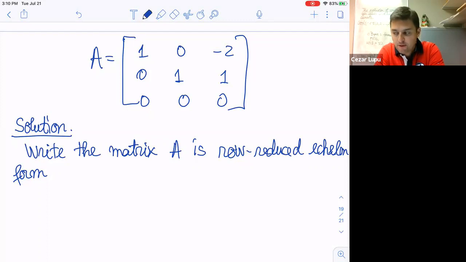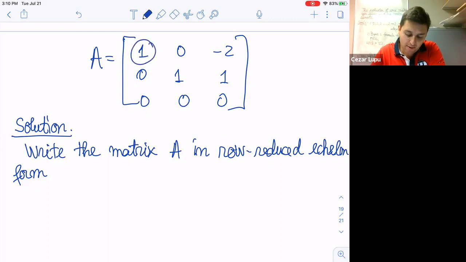Now look at my first sentence. I said, write the matrix A in row reduced echelon form. Exactly. Like Blake says, it's already reduced there. You see?